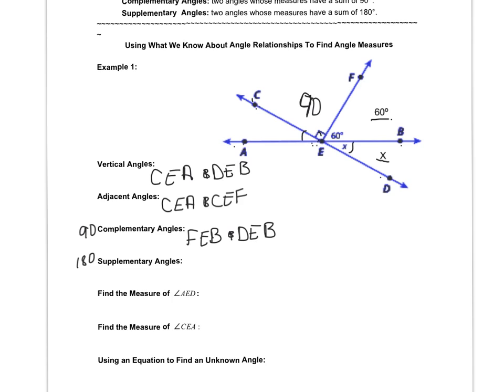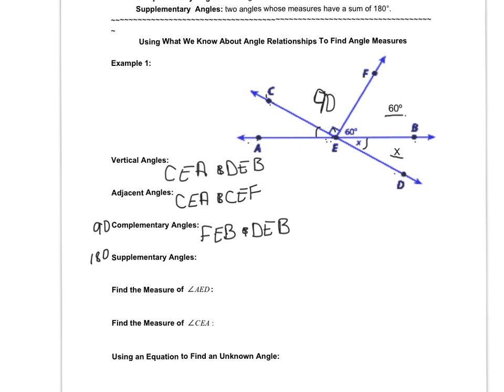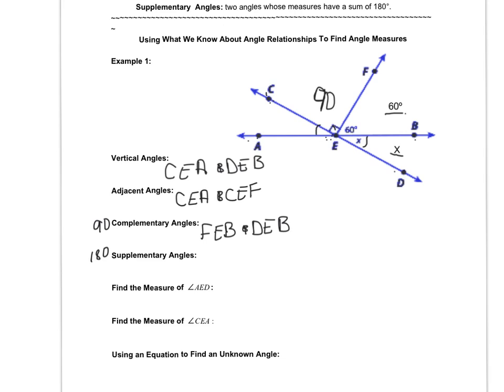We also have supplementary angles, which, as we discussed, have a sum of 180 degrees. With a sum of 180 degrees, we're looking for two angles that can combine to make a straight line. So angle AEB is a straight line. I'm going to look for two angles.